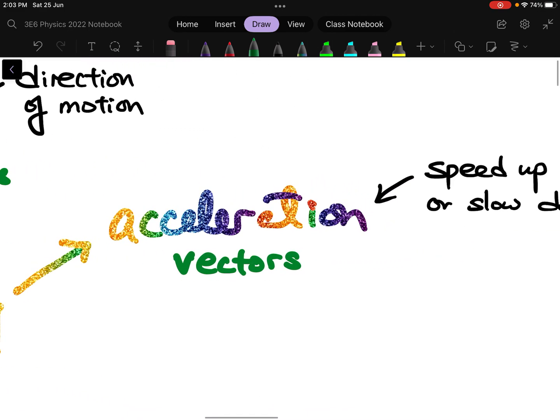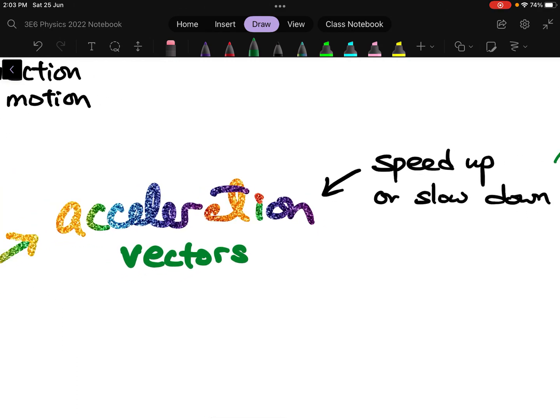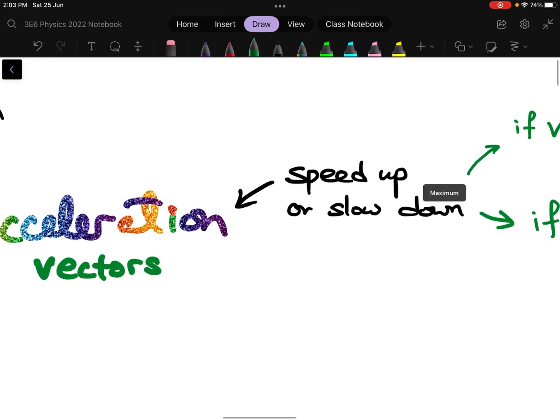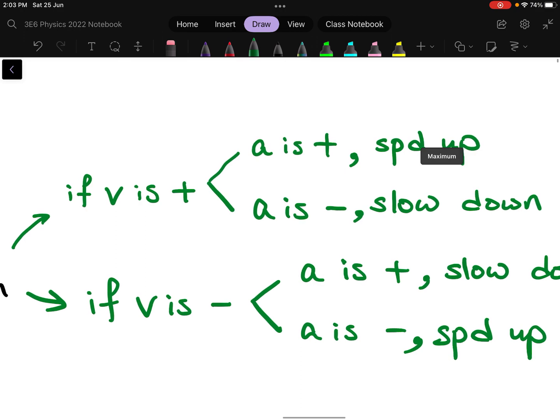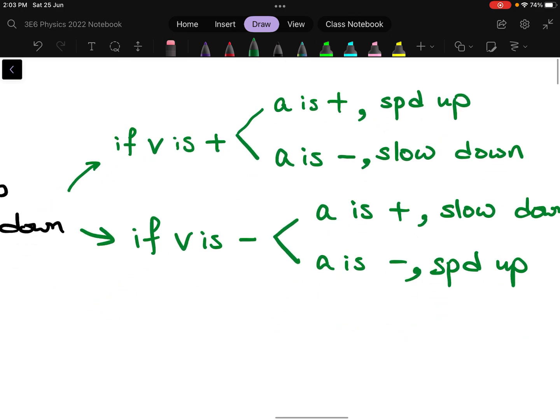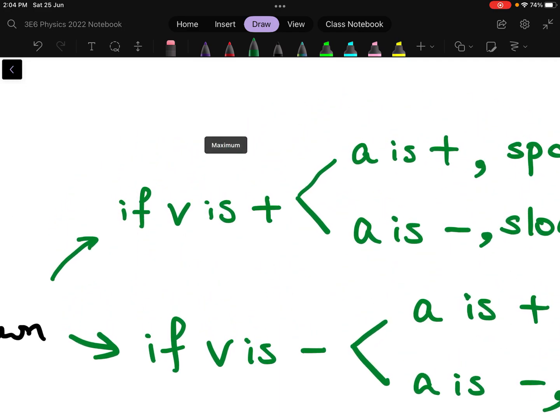And lastly, we have this parameter acceleration. In a nutshell, it tells you whether the object is speeding up or slowing down. In most cases, whereby the velocity is positive, we say that a positive acceleration is speeding up and a negative acceleration is slowing down. That is in the case whereby velocity is positive, which most of the time is the case.